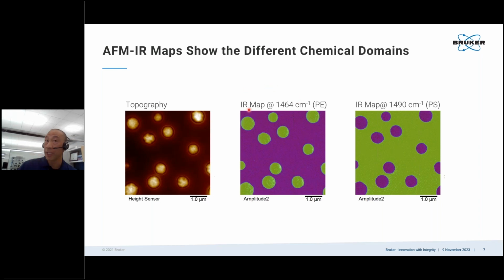Then if we take another map at 1464 centimeter inverse, you see the round domains light up. So that's the IR mapping mode we have here. It's quite straightforward.